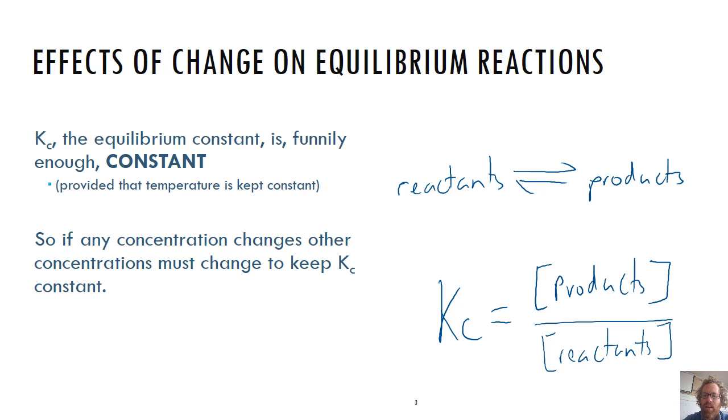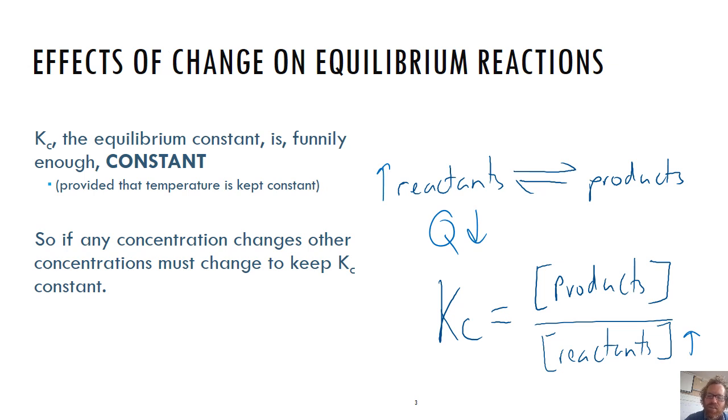So if I increase my reactants, and I put it into the equilibrium expression, let's call the number Q, that will be lower than what it should be, because this has gone up, so therefore the number will come down.